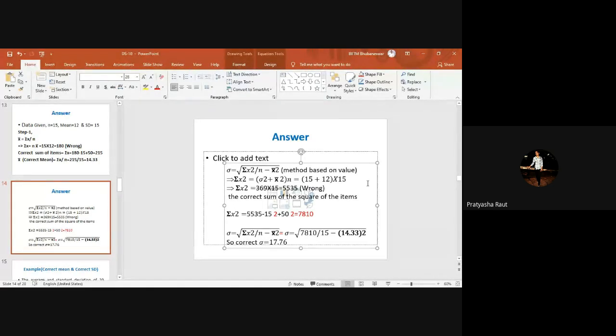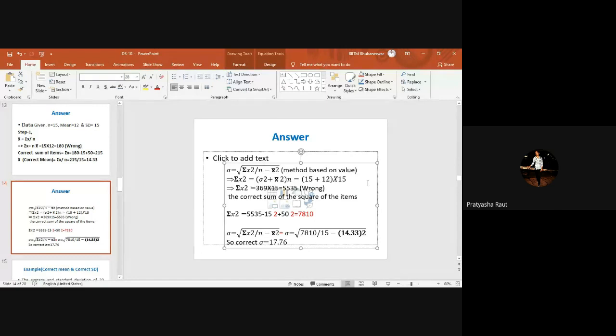Talking about the formula now. The second line implies that the sum of x square is equal to sigma square plus x bar square whole into n. If you go to the first line, sigma equals square root of summation of x square divided by n minus x bar square.